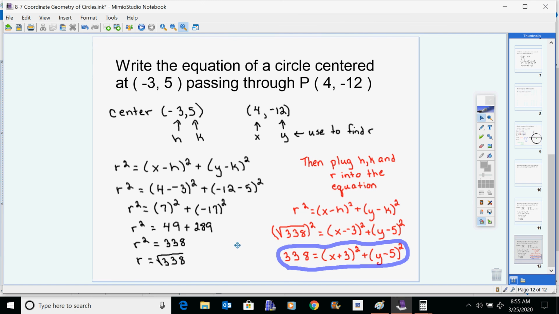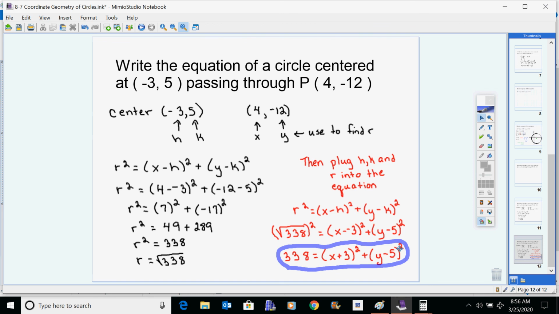This is why I told you don't even bother to try and simplify this, because if you tried to simplify this, you're going to end up with a lot more work to do, because our square root sign is going to disappear anyway. So pretty nice, simple process. This is not something that you would want to try to graph and count.